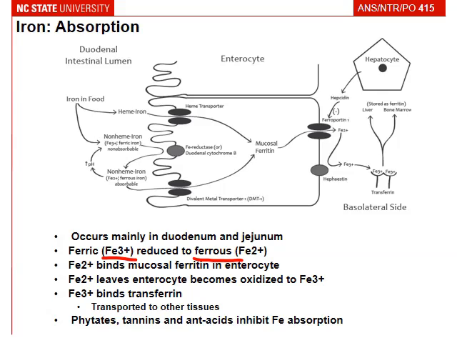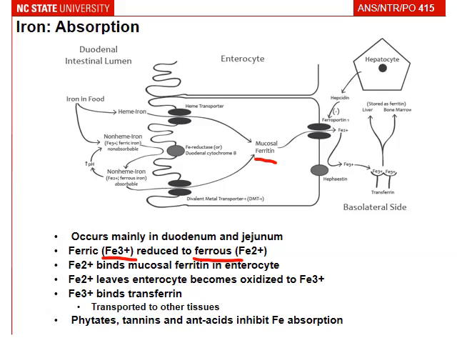As I mentioned before, iron is going to be one of the main minerals that is going to be causing oxidation and cause peroxidation within the cells. So we have to bind it. So pretty rapidly, as soon as it enters into the enterocyte, we have it bind ferritin.